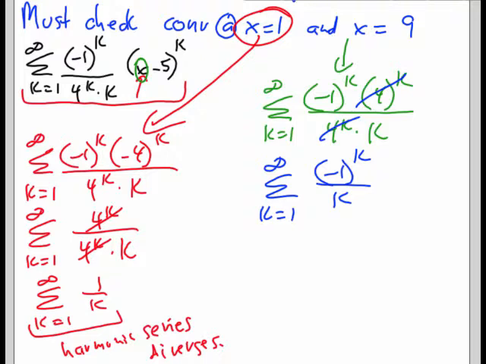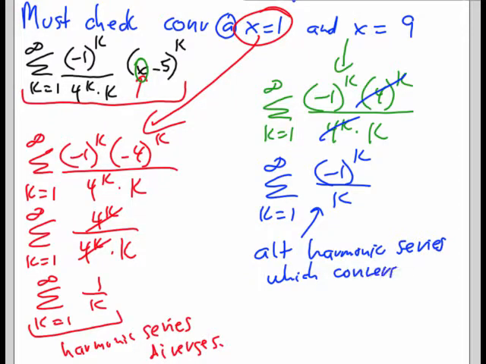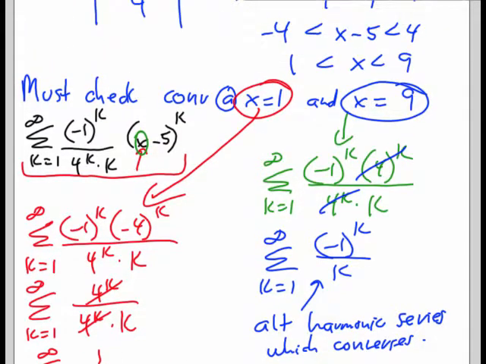And I now have this, which I recognize as an alternating harmonic series, which we know converges. So x equals 9 is part of my interval of convergence.